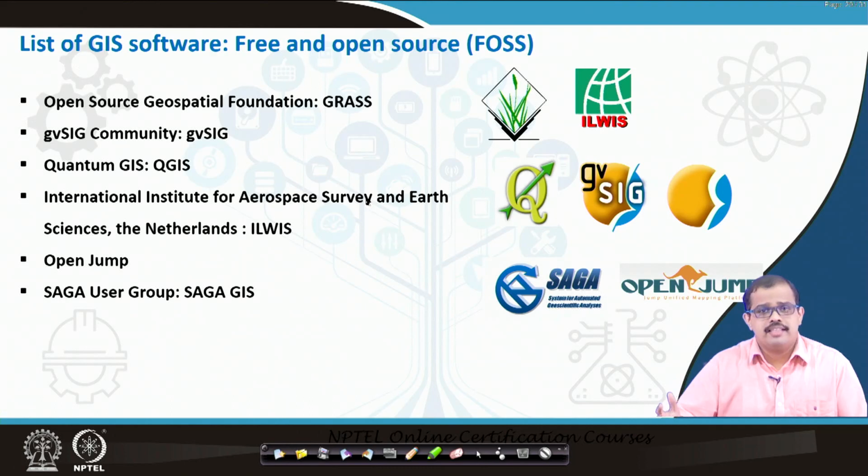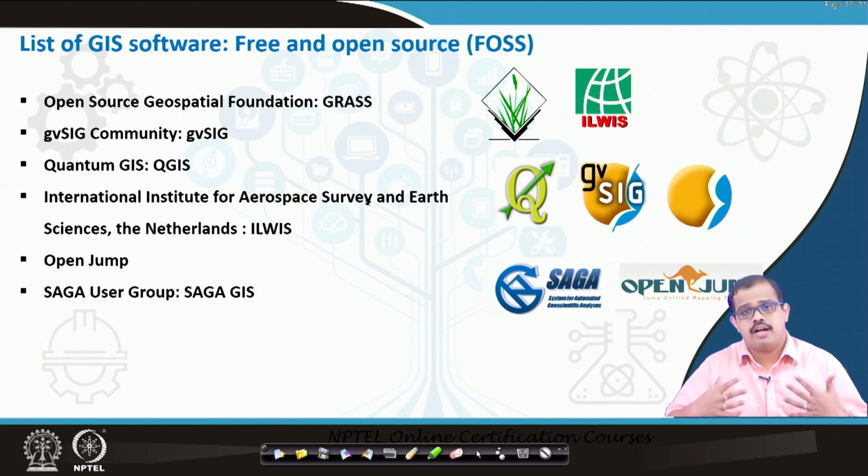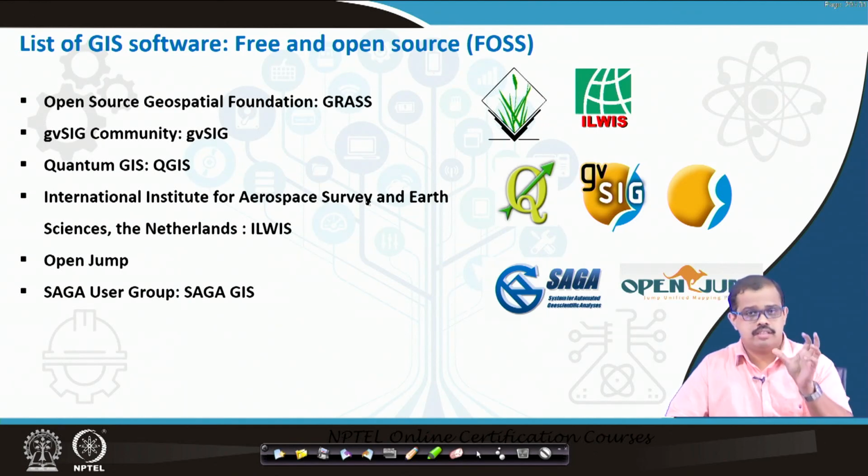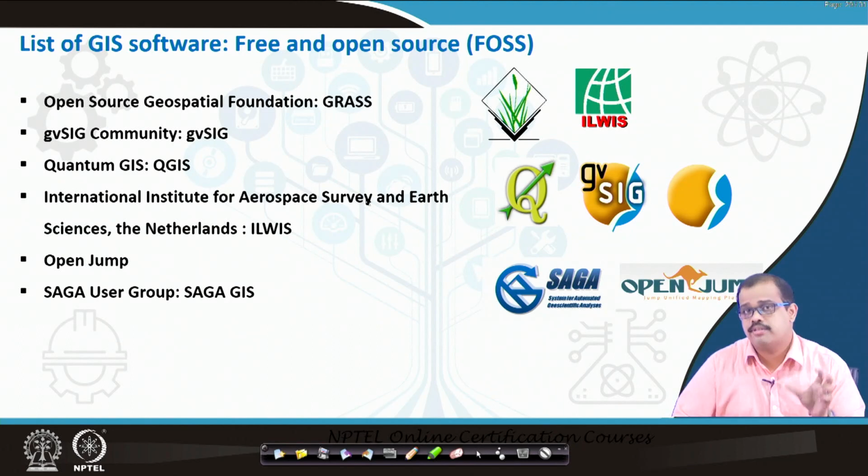And coming to the next set, the open source software. The very well known, the most funded and developed software is GRASS. It is from the Open Source Geospatial Foundation. GRASS is one software which can handle any kind of data very efficiently. If someone wants to learn how to handle remote sensing data or geographic information data, GRASS is one tool that everyone has to learn.